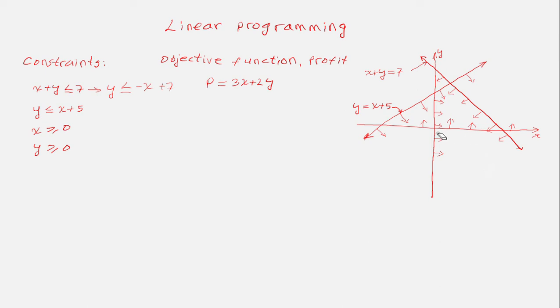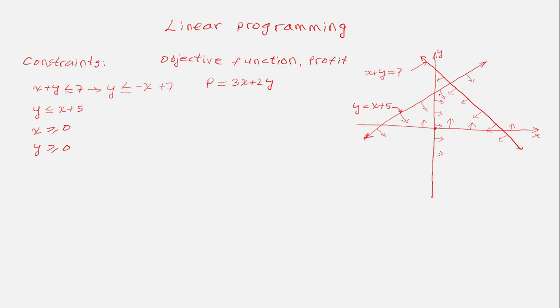And then we completely close the region off by using the fourth constraint, which says that we only can go above the x-axis, y greater than 0. So we are actually within these 4 points.